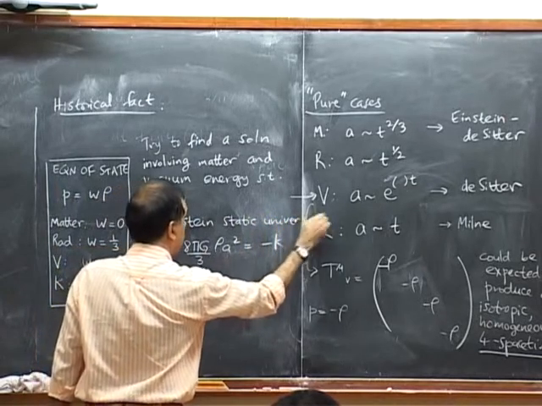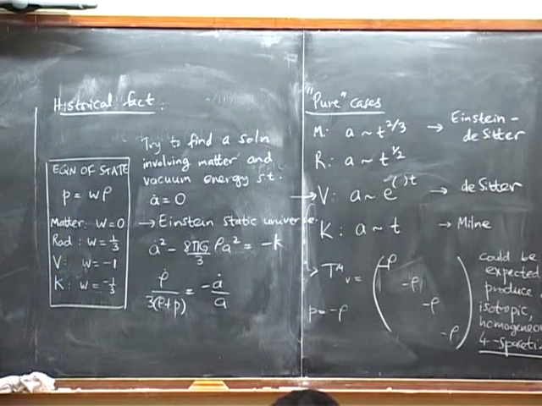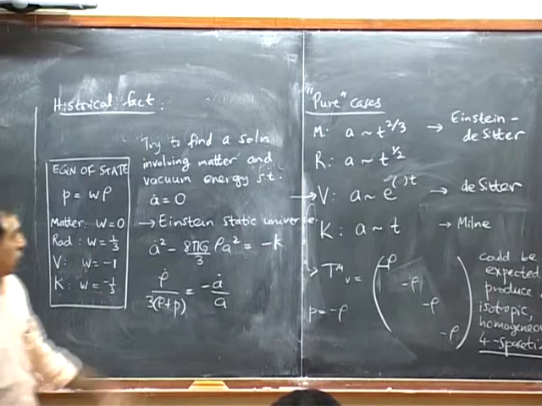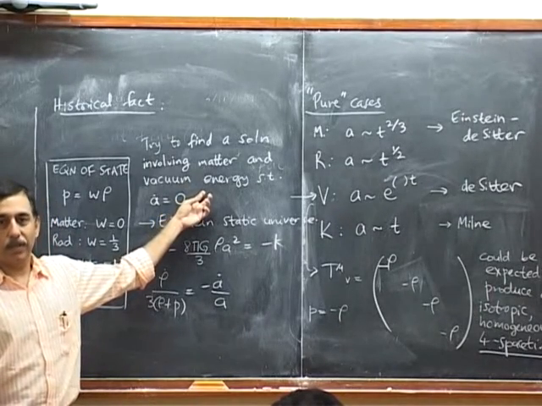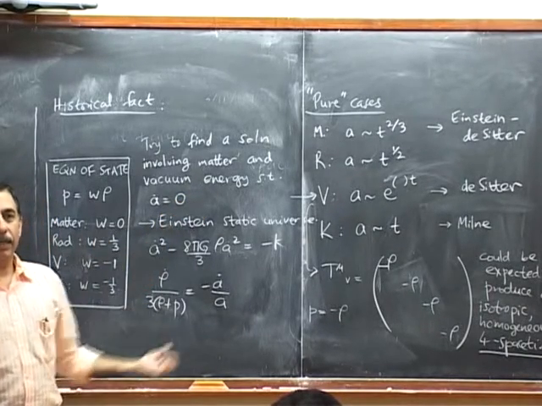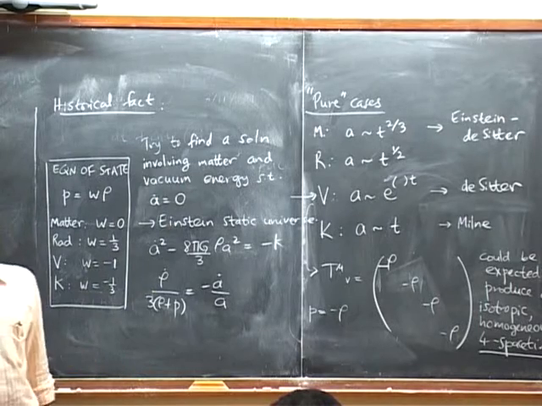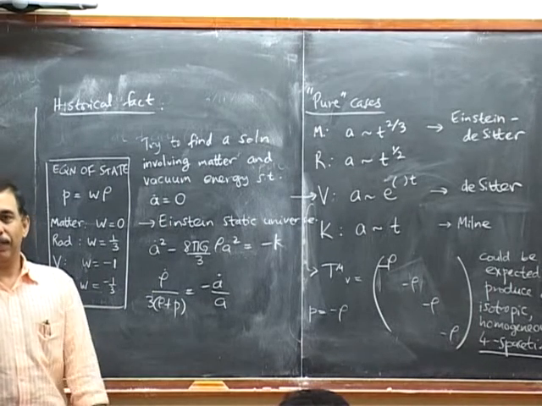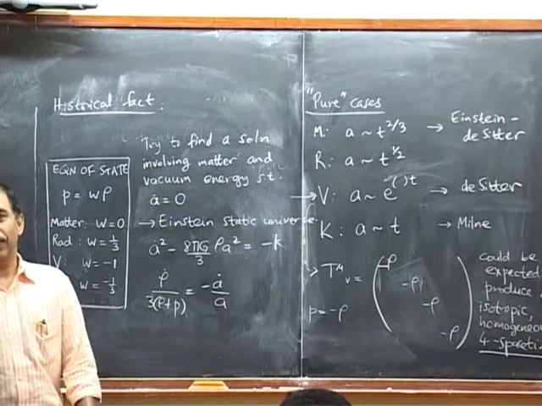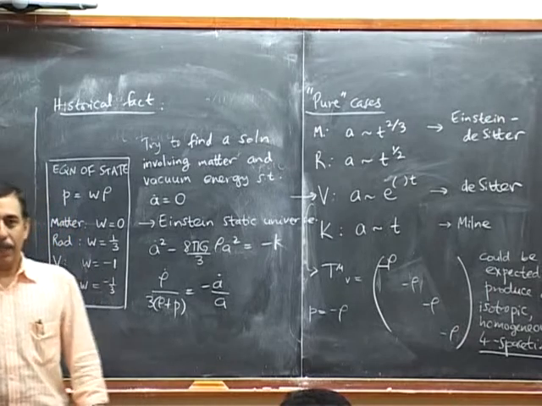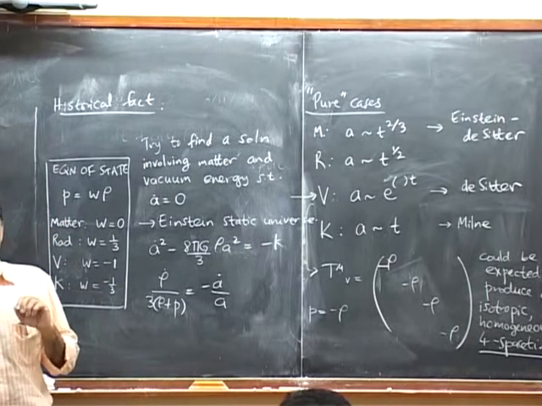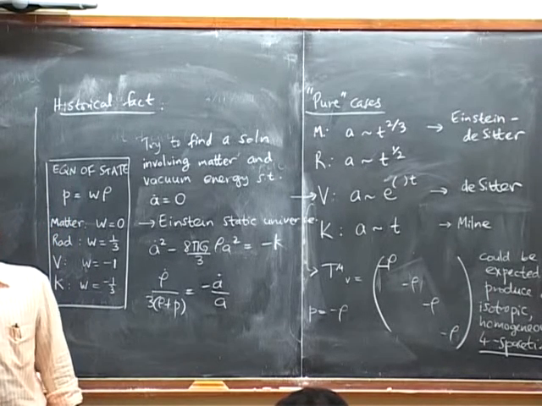And if I understood my history right, Einstein introduced the cosmological constant because it helped him produce a static universe. And when Hubble showed that the universe is expanding, Einstein didn't need the cosmological constant. But being a person who liked aesthetics in equations, his point was, but then why is it there?